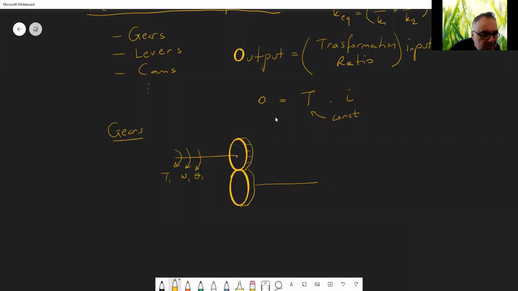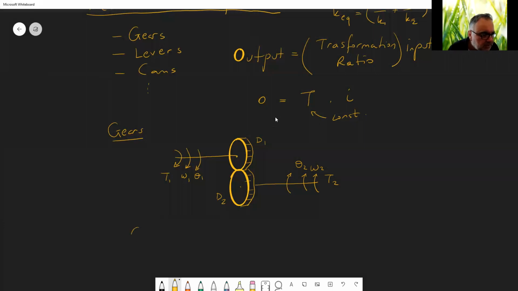So the gear has teeth on it. This second one also has teeth on it. They have diameters. Let's say this has a diameter of d1, this has a diameter of d2. This has theta 2, omega 2, T2. Torques, both rotations and forces, are transferred from one gear to another.